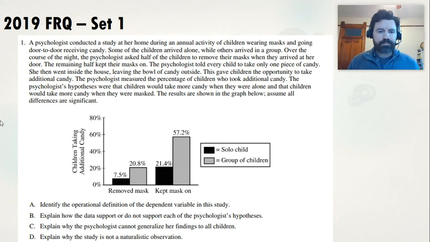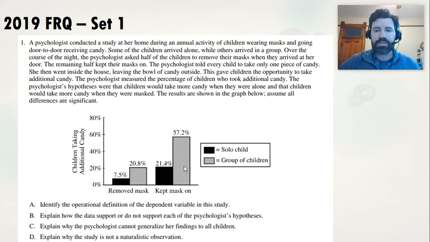Part B. Explain how the data supports or does not support each of the psychologist's hypotheses. So she had two hypotheses, and you can see that in this sentence here, that children would take more candy when they were alone. Well, you can see here that solo children, which is the dark black, took less candy than groups of children. So that first hypothesis is wrong. It looks like more children took candy if they were with a group.